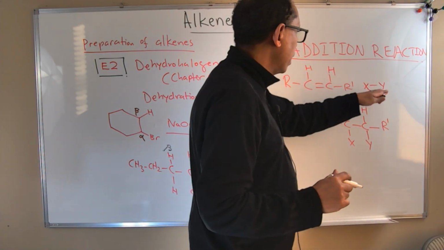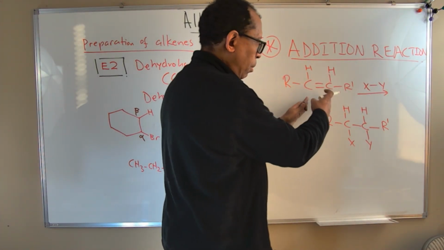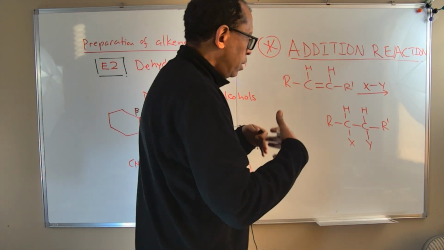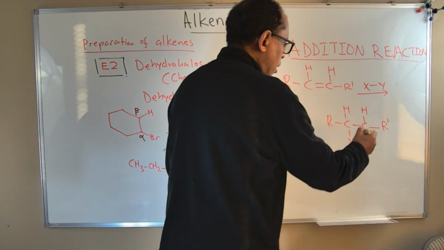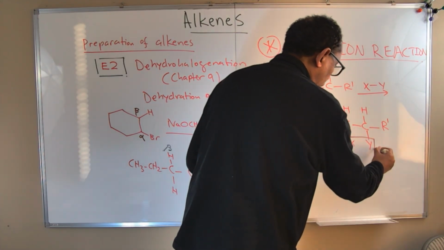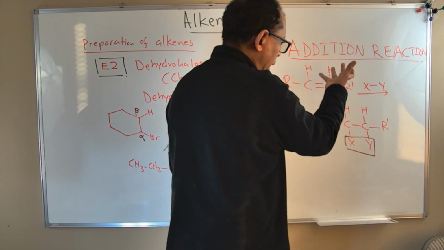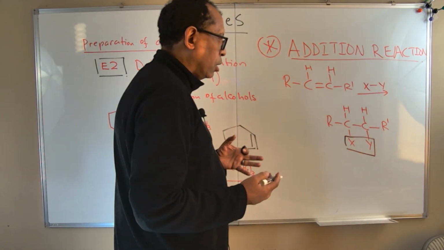If you have an XY reagent, it will add across the double bond. The pi bond disappears and the molecule gets saturated. XY adds across the double bond; X and Y are added, which is why it is an addition reaction.